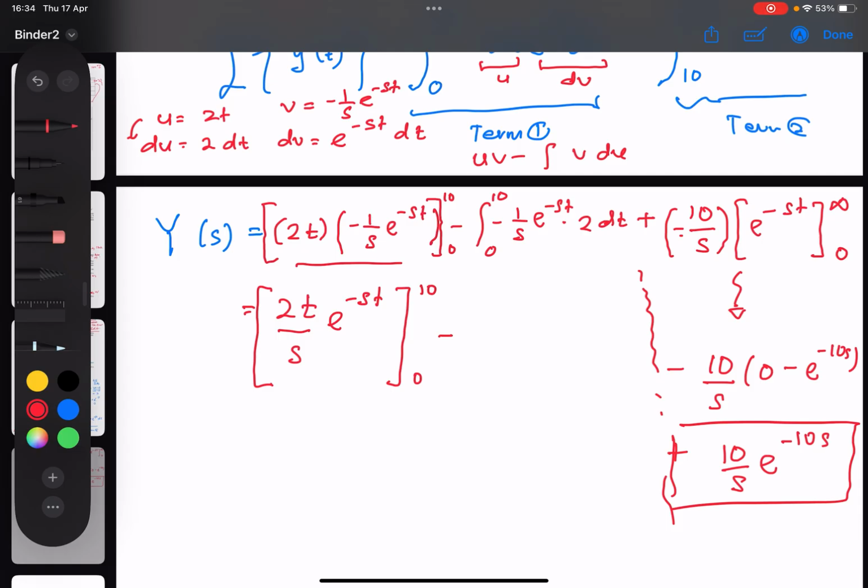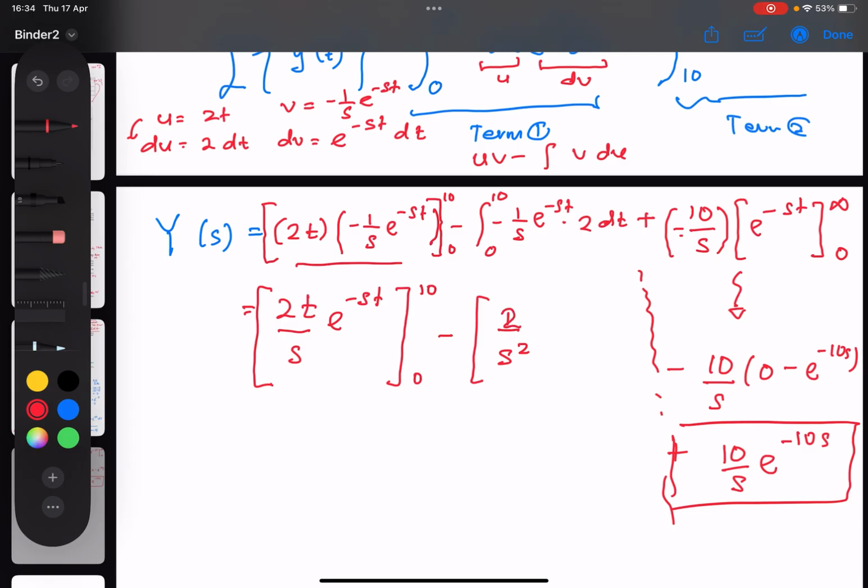I'm going to integrate this one. I'm going to take out this one. It's going to be 2. Integrate this one, it's going to be 1 over s. Negative and negative is going to be positive, minus 1 over s to power of 2.